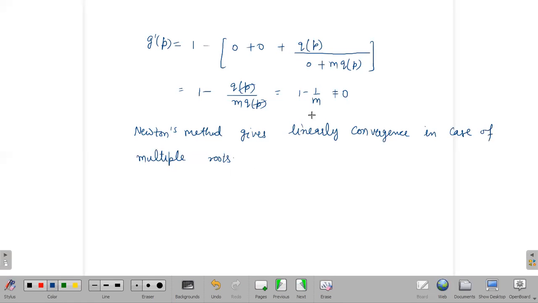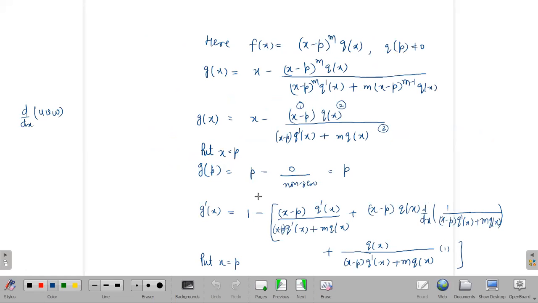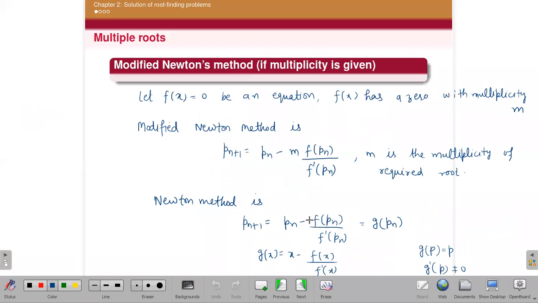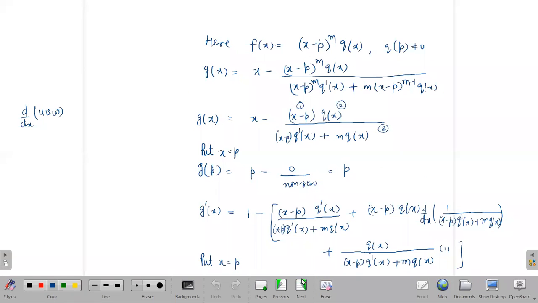So what we have done, because this m is creating problem, if I multiply m here, m will be multiplied. Means m is any constant number that is independent of x. So m will be here, then g of p will be p only.